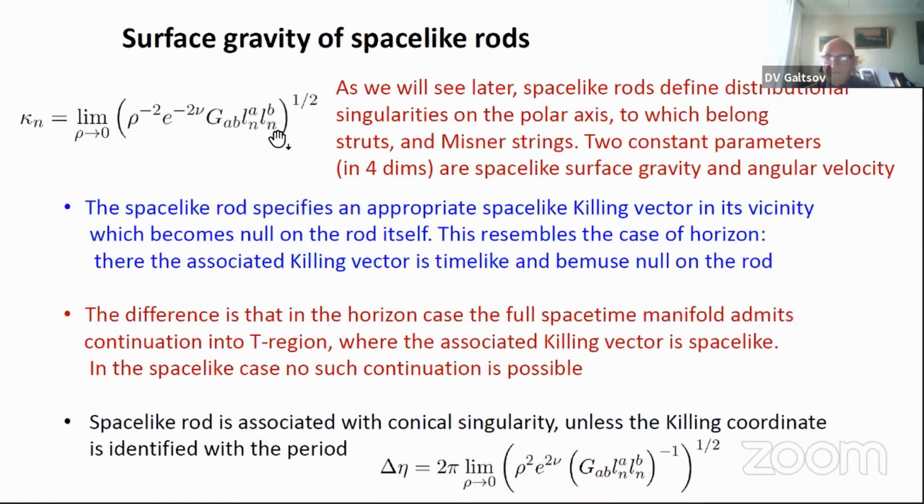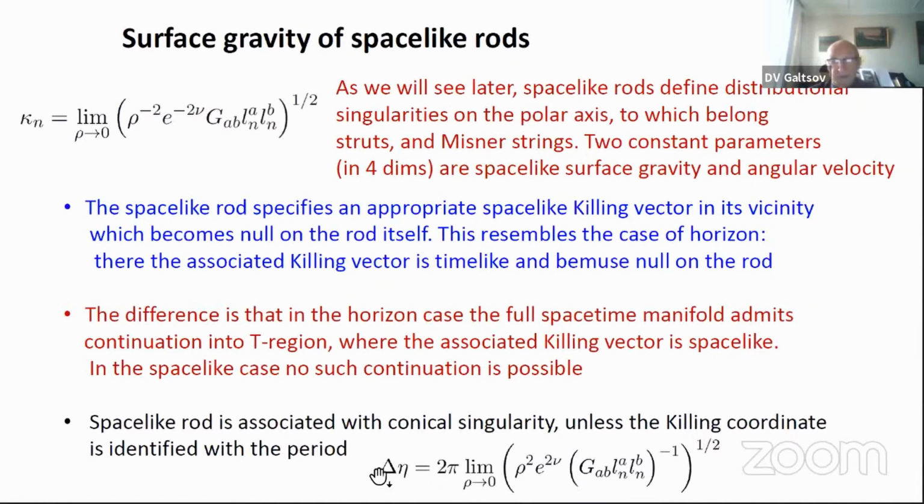So basically, such vectors will fix some direction along which you have to make an identification to avoid conical singularity. And the correct identification which does it is this one.